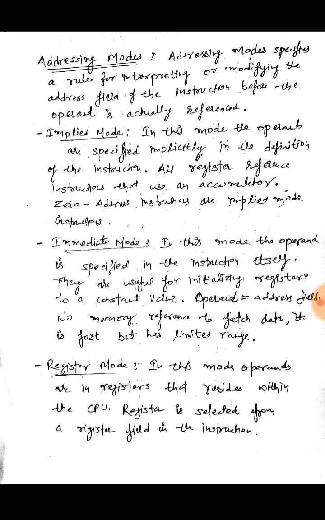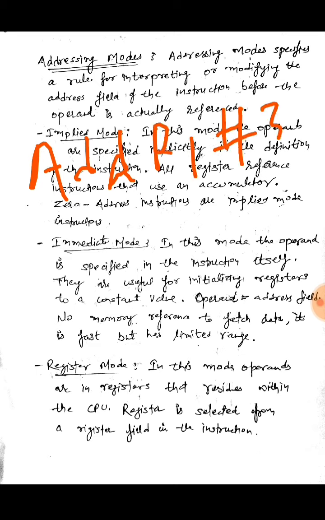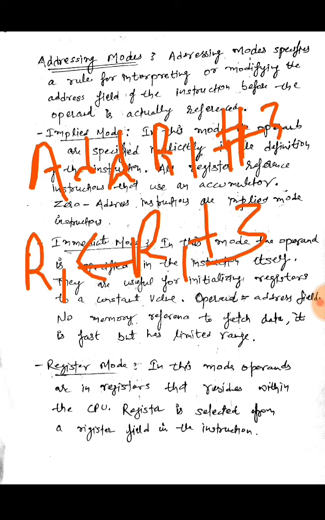So if I have ADD R1, hash 3, in this case we will be adding a constant value 3 to whatever is in the register R1. So it would be R1 plus 3.